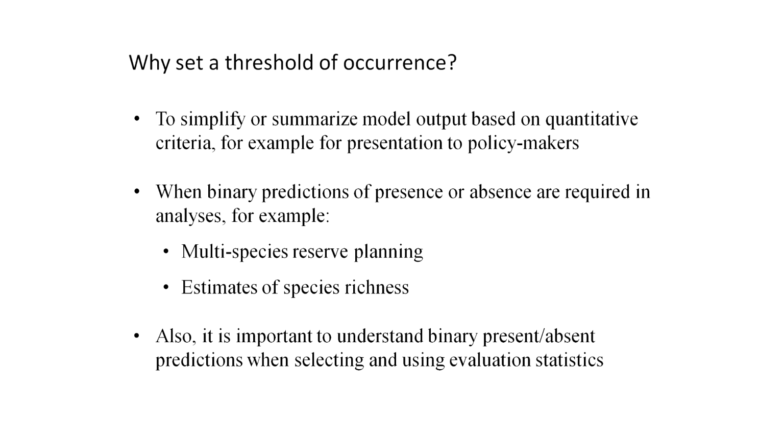Sometimes you want to summarize model output based on some sort of quantitative criteria. I've presented these kinds of results to policymakers, and as we talked about yesterday, they want a binary prediction. They don't want this fuzzy probability of occurrence. Just tell me yes or no, in effect.